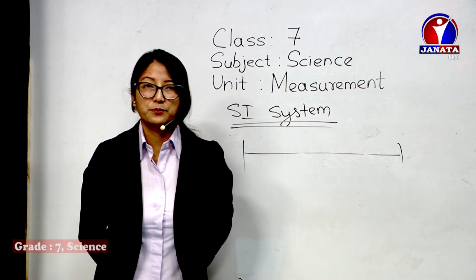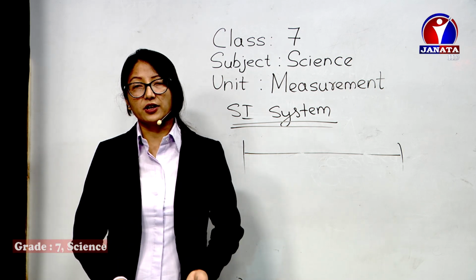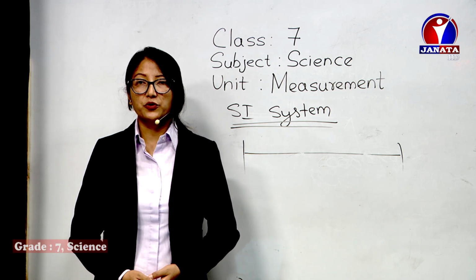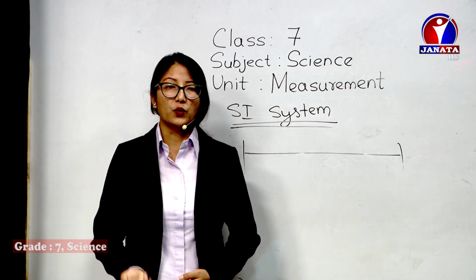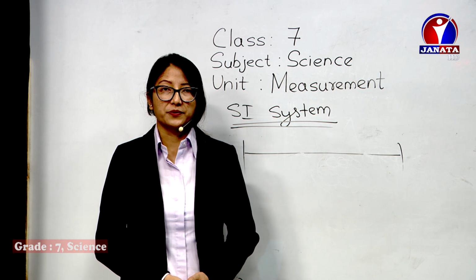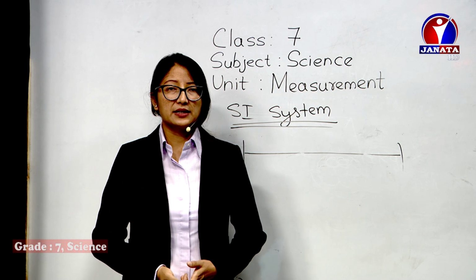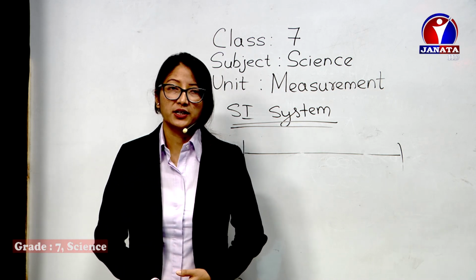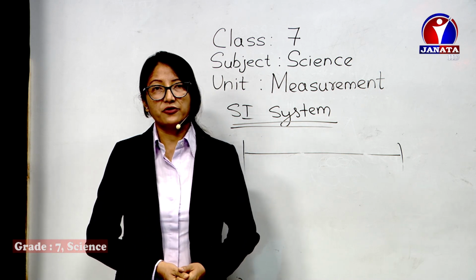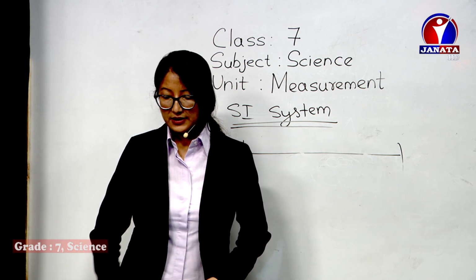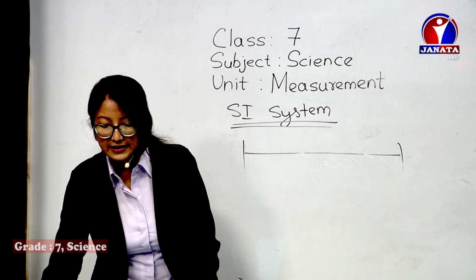When people had problems following the traditional systems of measurement, the scientists developed a new system of measurement which would be used all over the world, worldwide, so that there would be no confusion. Somewhere it would be measured in meter, somewhere in centimeter, somewhere in millimeter. A fixed system was developed and that was named the SI system of measurement. That's about the SI system. Now we are going to study about length.